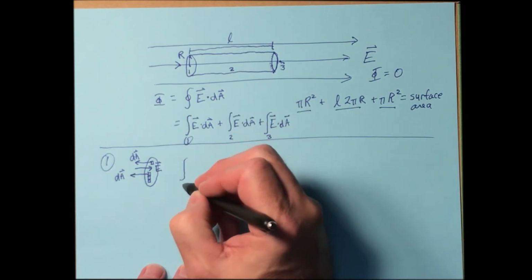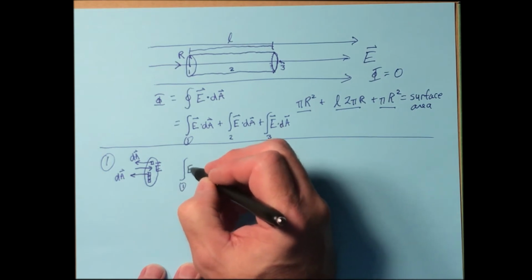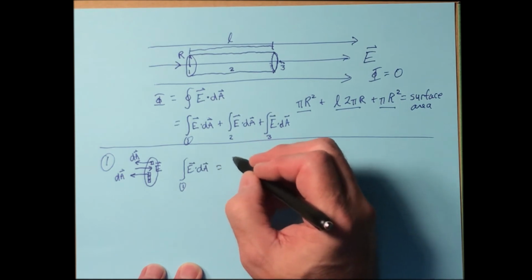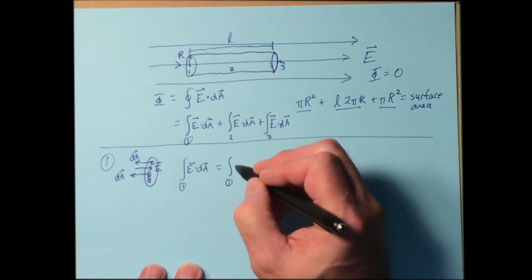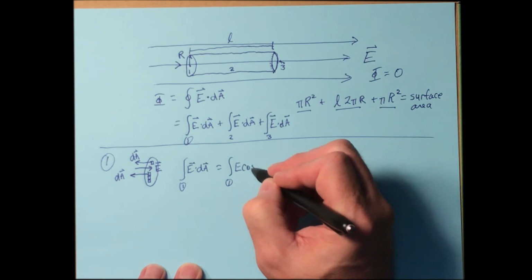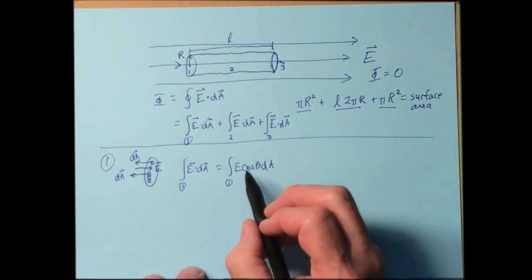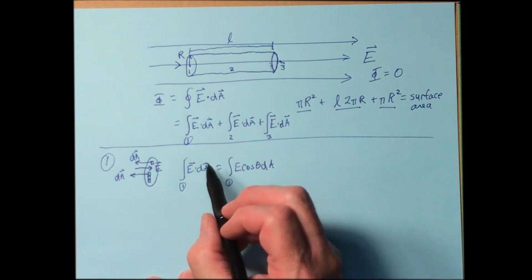So the integral over area 1 of E dot dA, that's a dot product, so let's break apart the dot product. That's E cosine theta dA. Now the theta is the angle between the E and the dA vectors.